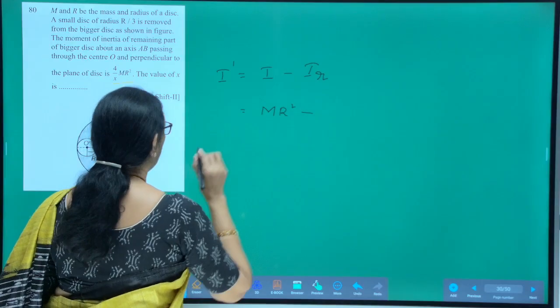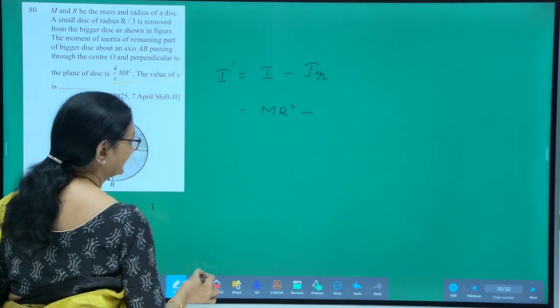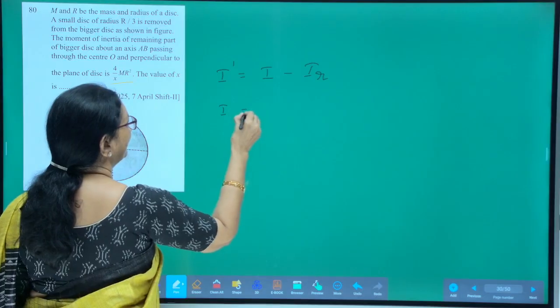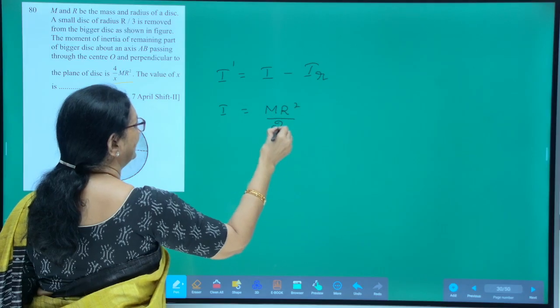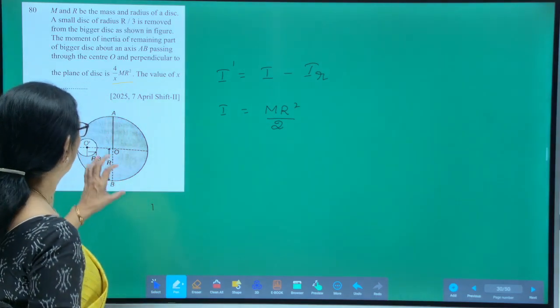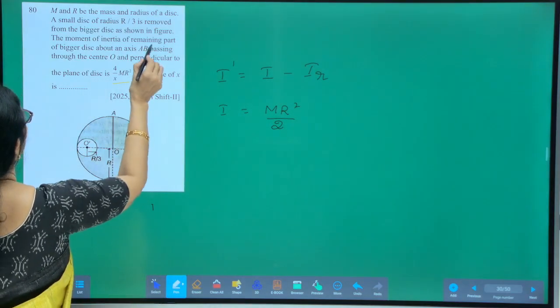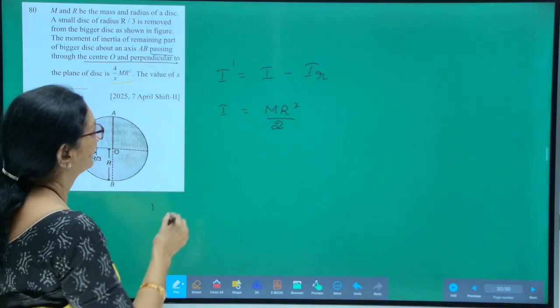Now, moment of inertia of the removed part. I'll write them separately. So, I is the moment of inertia of the disc about the axis passing through the center perpendicular to the plane, that is mr square by 2. Okay? Passing through the center perpendicular to the plane.